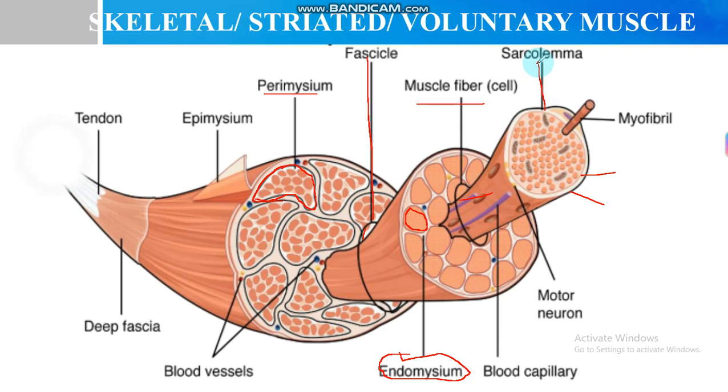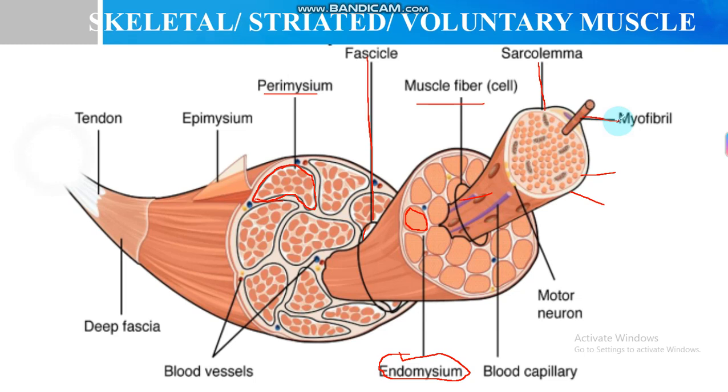And then inside the cell, inside the muscle fiber, we have thin thread-like structures which are called the myofibrils. These myofibrils are made up of actin and myosin filaments. Okay?